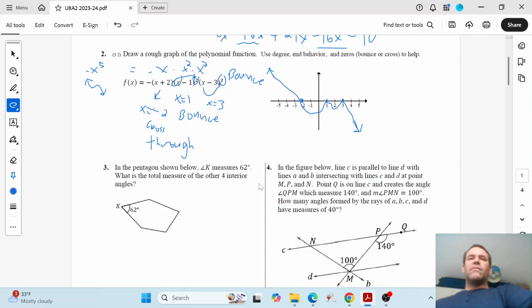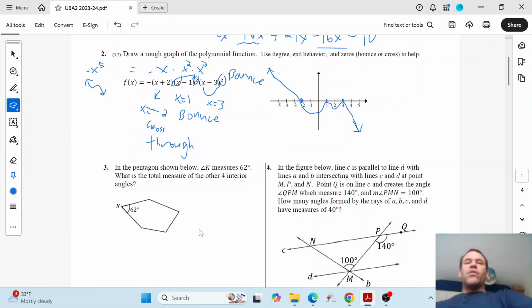Nice. So in the pentagon below, angle K measures 62 degrees. What is the total measure of the other 4 interior angles? So if you remember, there's a formula that we learned with this. And if we can remember that formula, oh yeah, it's the number of sides minus 2 times 180, right?